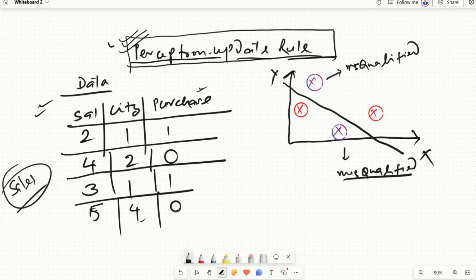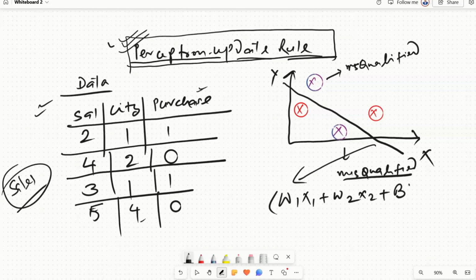To explain that, let's assume I'm representing this perceptron on the x-axis and y-axis. Suppose this is my line, and this is my perceptron. You know the perceptron equation: W1 x1 plus W2 x2 plus b. This is the perceptron equation.